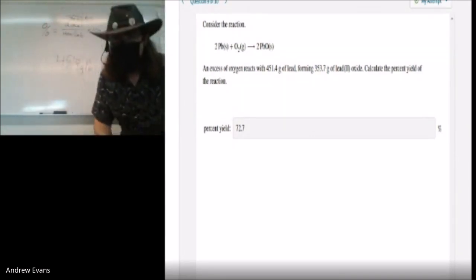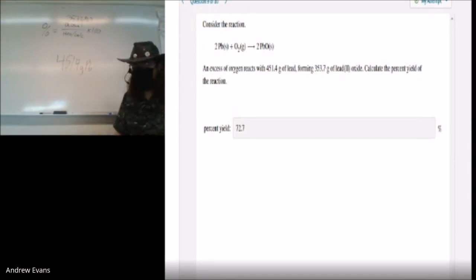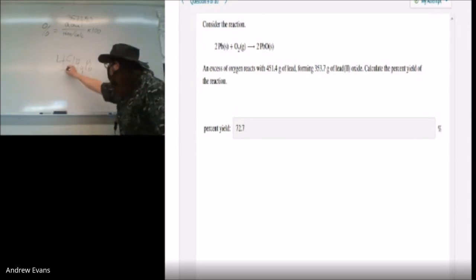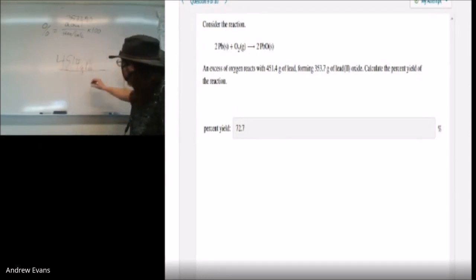So in order to solve this, we need to calculate how much lead oxide would be formed. So we're going to go from grams of lead to moles of lead to moles of lead oxide to grams of lead oxide. It just so happens, since I did this problem yesterday, I remember a bit of this. Looking up on the periodic table, the molar mass of lead is 207.2 grams of lead per 1 mole of lead.